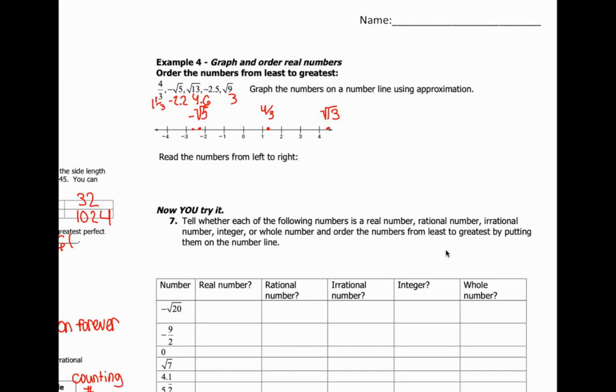Negative 2.5 is here. And then square root of 9 is on 3. So then they want you to read the numbers from left to right. So that'd be -2.5, negative root 5, 4/3, root 9, and root 13.